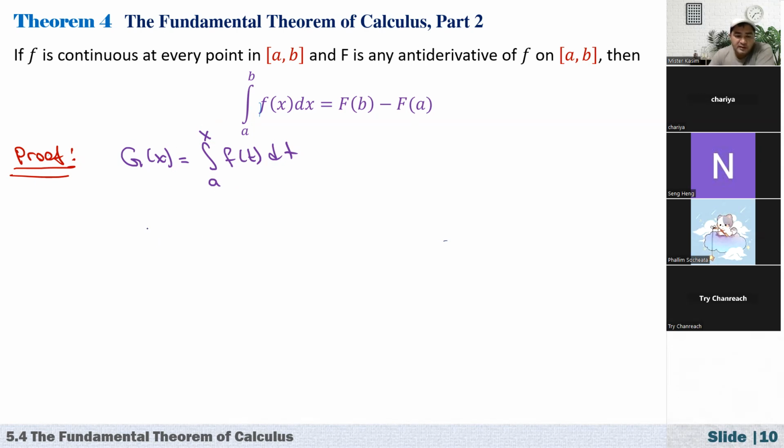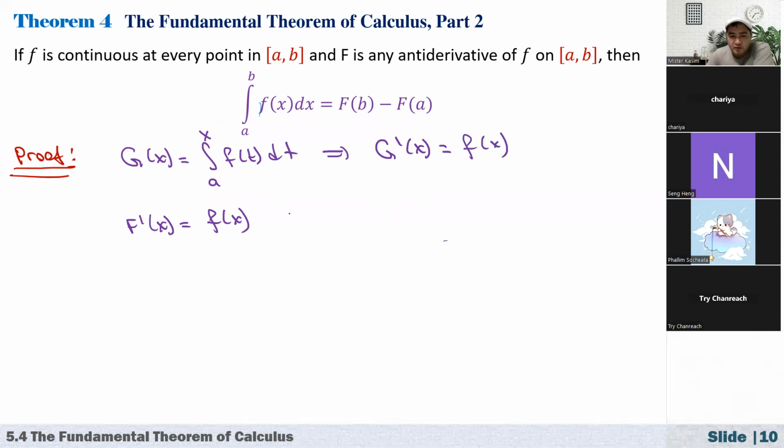And suppose that F is any antiderivative of this function f. So suppose that F'(x) is equal to f(x). And also from here we know that g'(x), if we differentiate this, is equal to f(x).